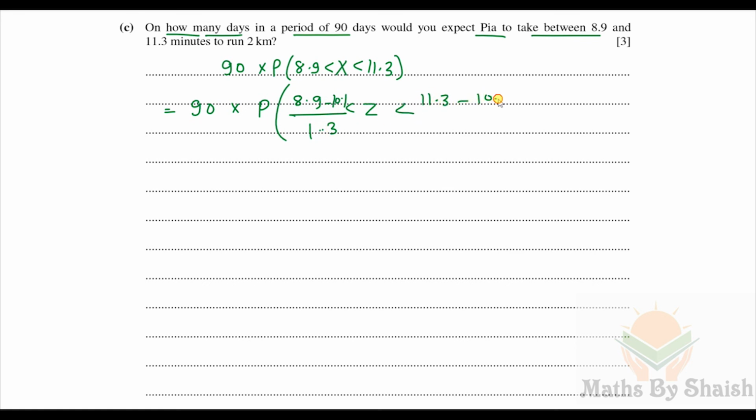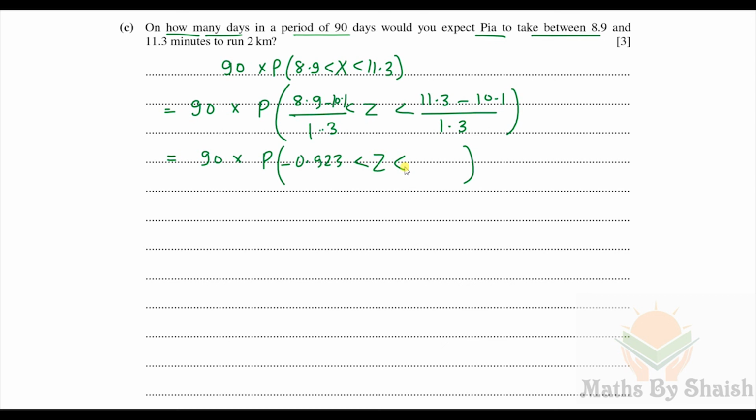So it becomes 90 into the probability of 8.9 minus 10.1 and then divided by 1.3. This value is minus 0.923, which we have already got from the first part, and then 11.3 minus 10.1 divided by 1.3.